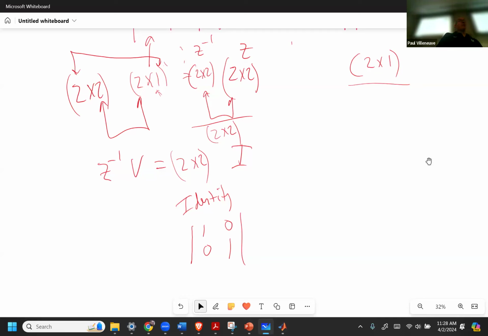So doing matrix multiplication is very helpful. You just have to be careful about when you pre and post multiply. Does everybody remember the identity matrix from pre-calculus? No? We talked about it.